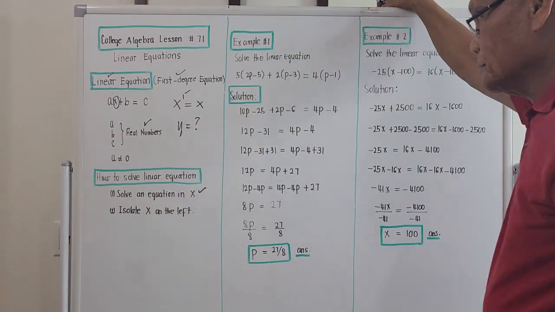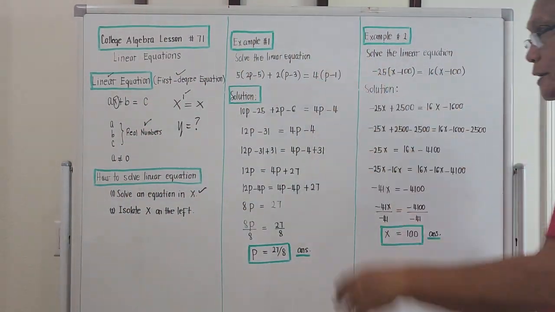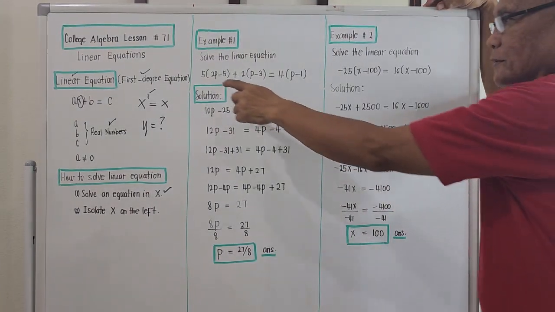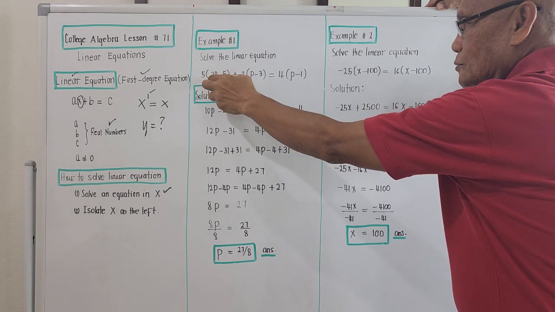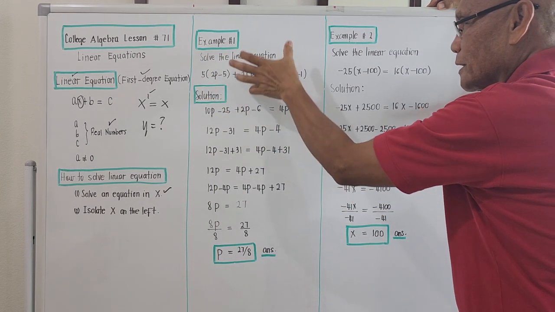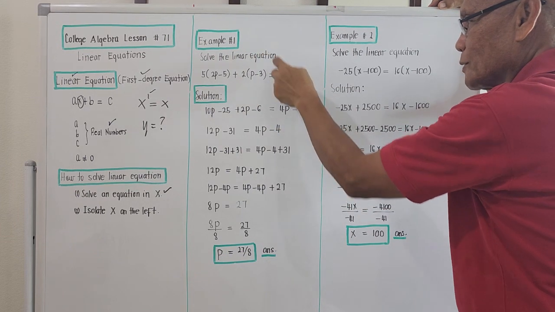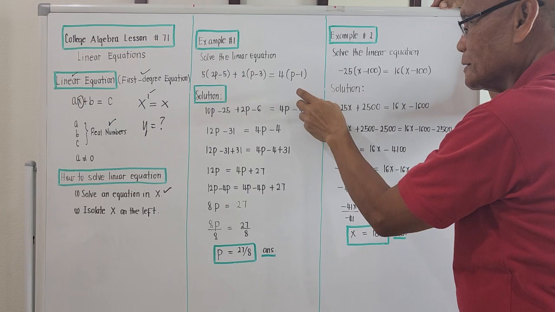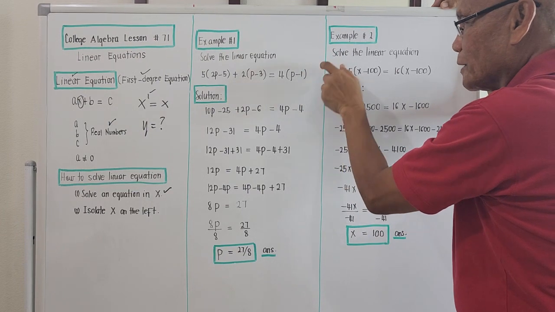Example number 1, solve the linear equation. The given linear equation is 5 times the quantity 2p minus 5, plus 2 times the quantity p minus 3, and this should be equal to 4 times the quantity p minus 1.